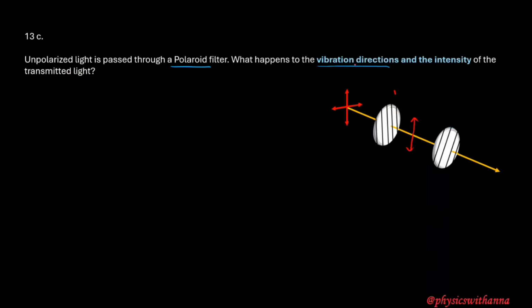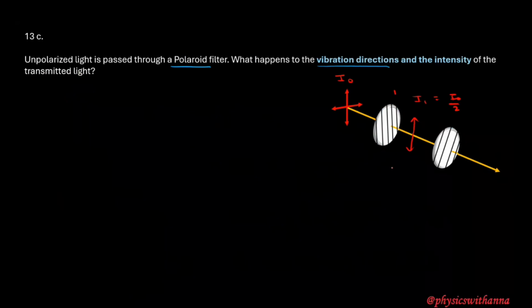So we can say that the vibration direction becomes polarized. It becomes aligned to the axis of the polarizer, and the intensity of the light will reduce. Like in the case of polarizer 1, when unpolarized light passes through it, since its axis is vertically aligned, if the intensity originally was I naught, I1 will become half of I naught. If it was passing through any other angle, we use Malus's law.